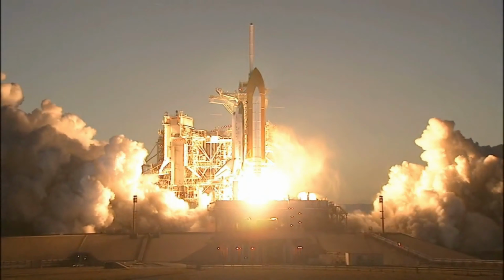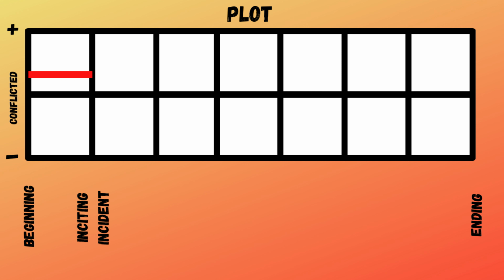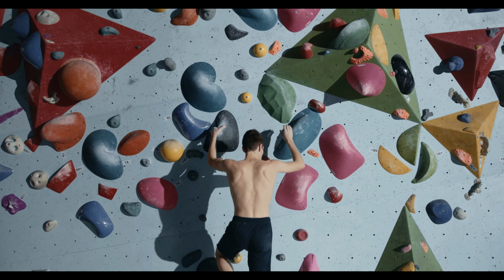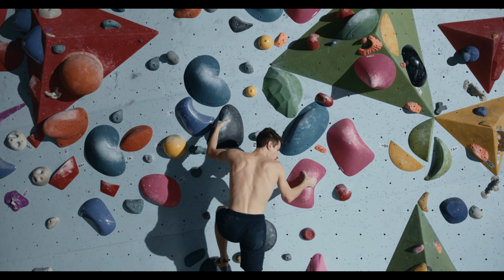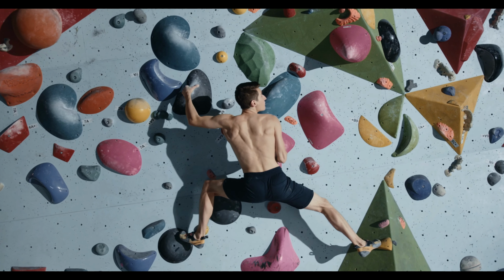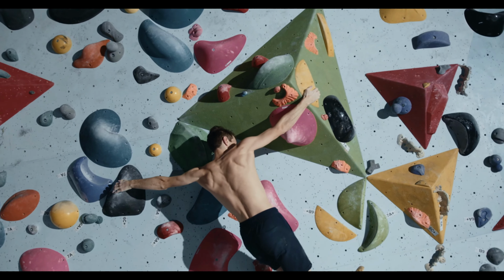The dominoes of plot are creating change, momentum. Inciting incident, first plot point, midpoint. The second half of the second act is where the character firmly shifts out of the reactive phase. He presses on against the antagonist and starts to take control of the conflict himself.